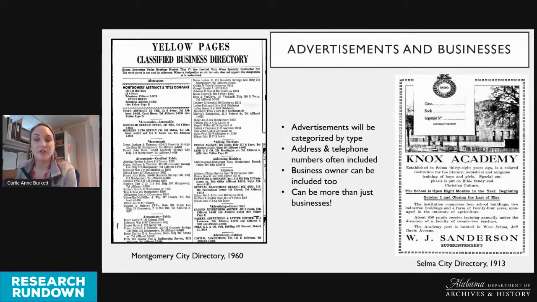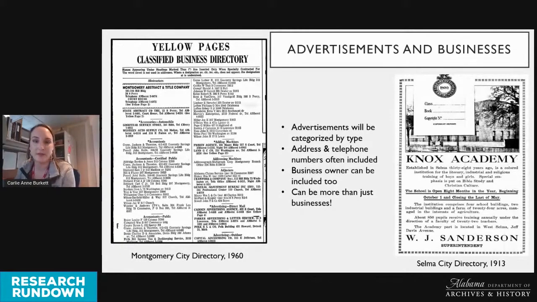And don't forget that in this listing of businesses, there can be advertisements that are more than just businesses. You can see in the other example that I have is Knox Academy, which is an African-American school in Selma. Most of the time for advertisements, you do see mostly businesses, but every now and then you will see something that's not strictly a business.